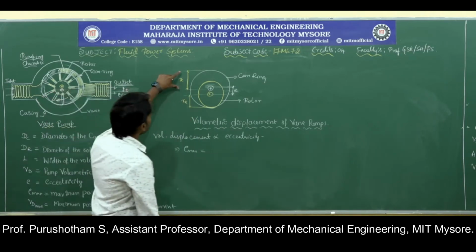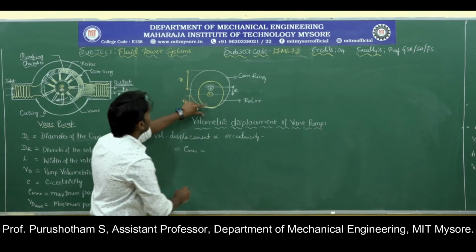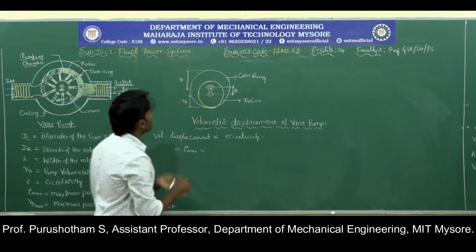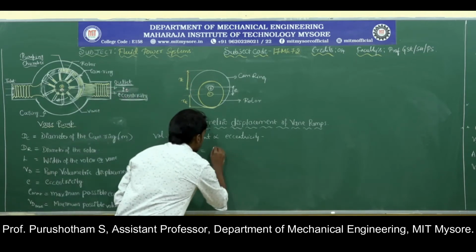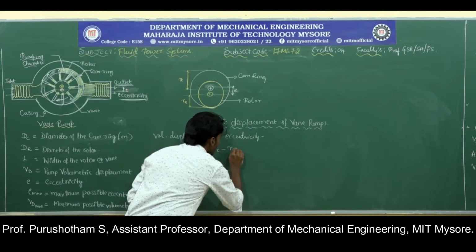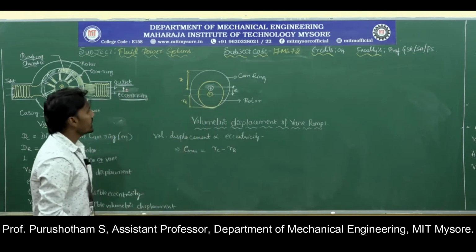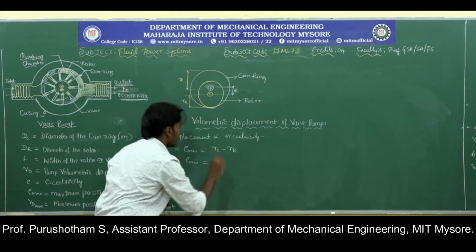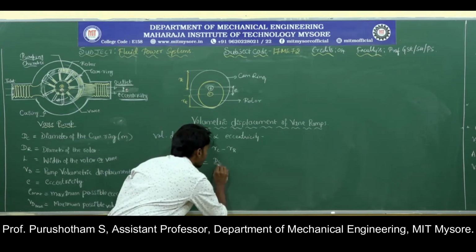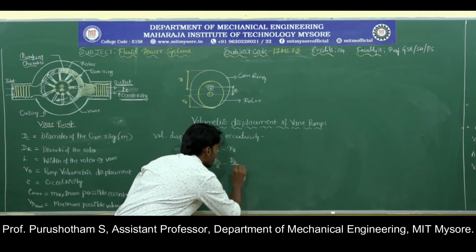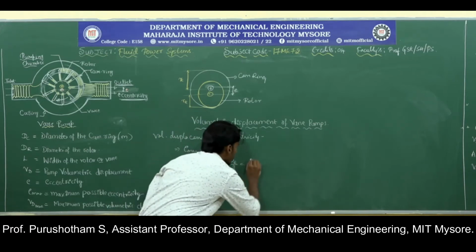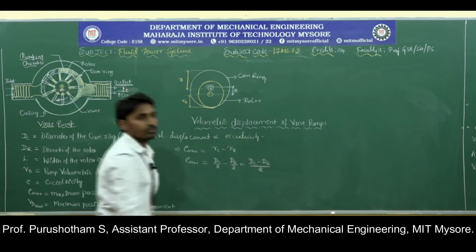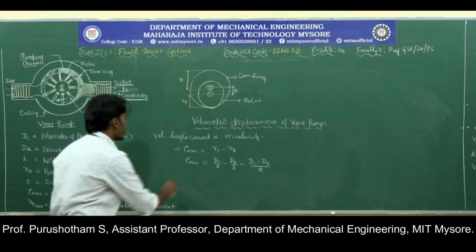Then RC minus RR gives you the eccentricity. I am going to convert this in terms of diameter, that is DC by 2 minus dr by 2, which is equal to (DC minus dr) divided by 2.